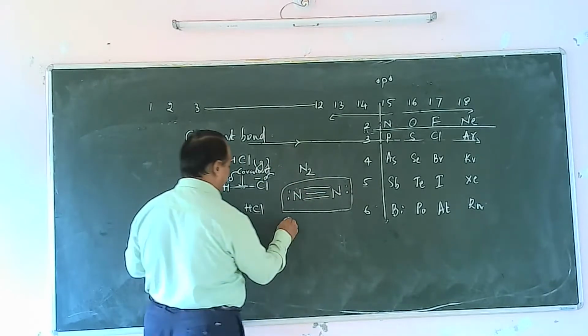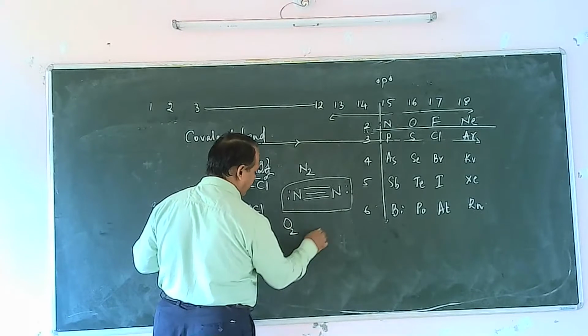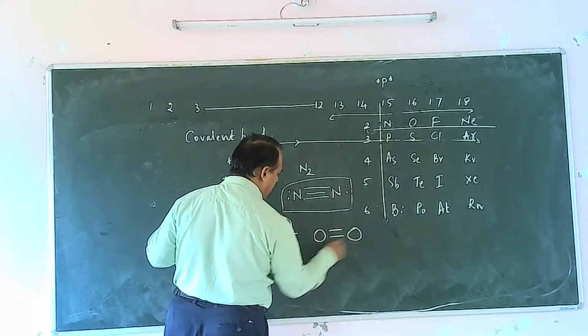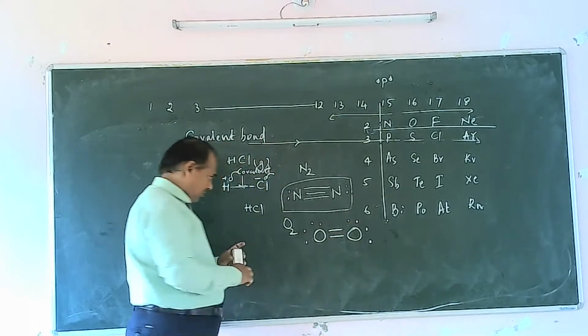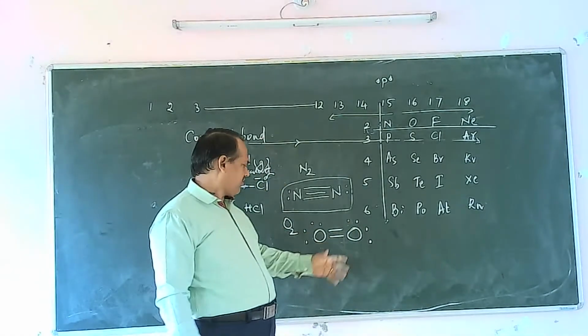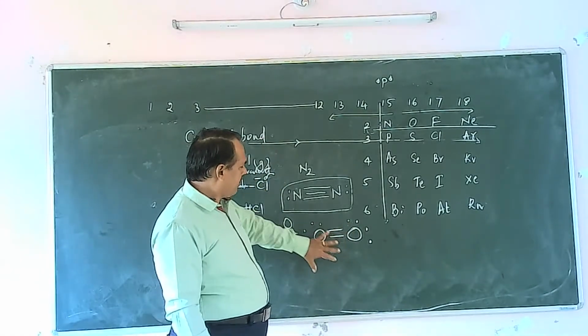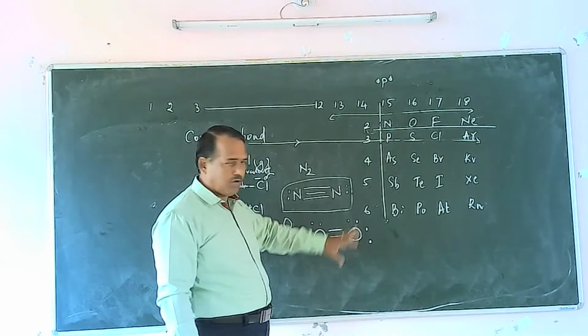Therefore, in diatomic molecules, take for example oxygen, O2, we can find two bonds. Oxygen valence electron is 6. See, two are paired here. So this is nothing but oxygen.